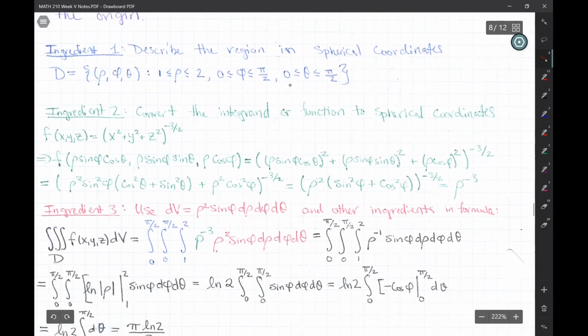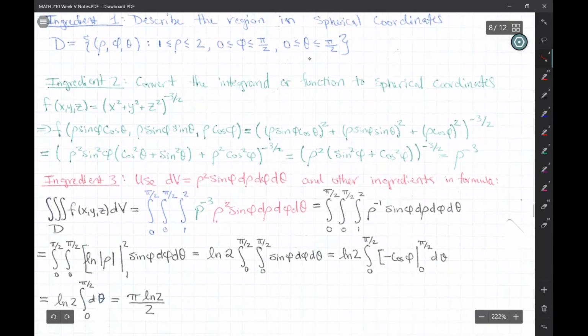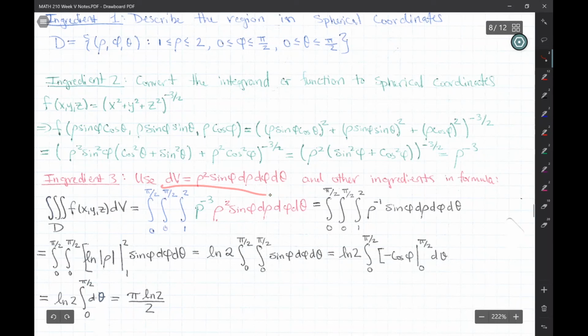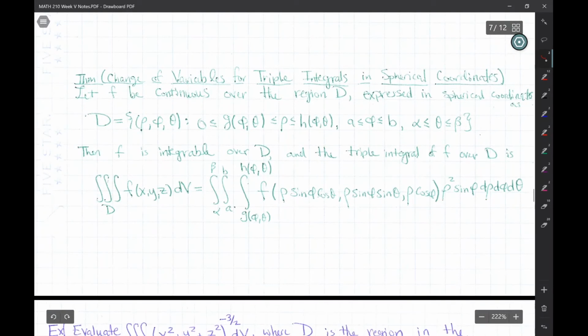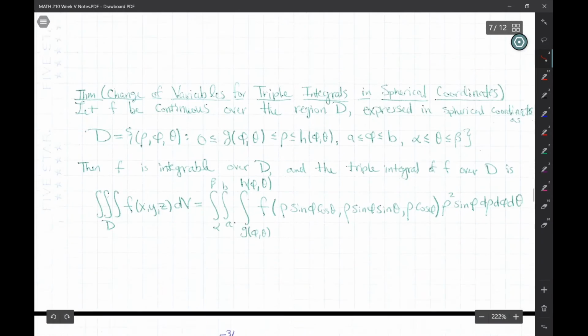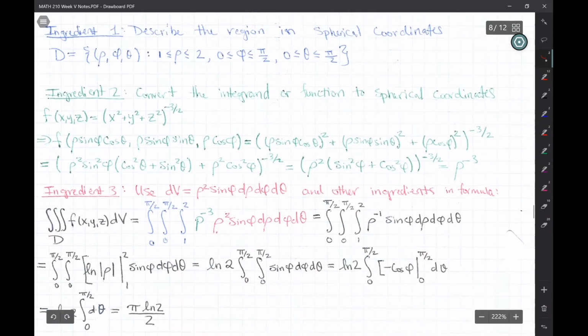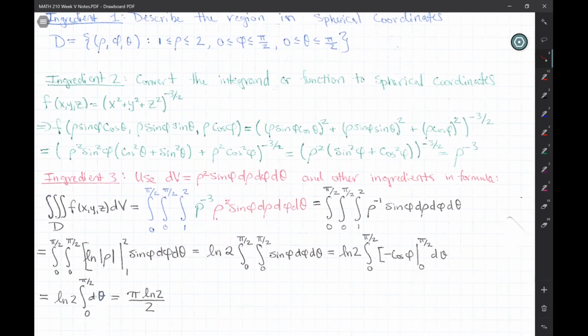What's ingredient 3 now? Ingredient 3 is using the volume element that we have above, over here, and that we looked at over here. So using that volume element in our formula above, our triple integral now can be expressed in spherical coordinates this way. In blue, where did this come from?